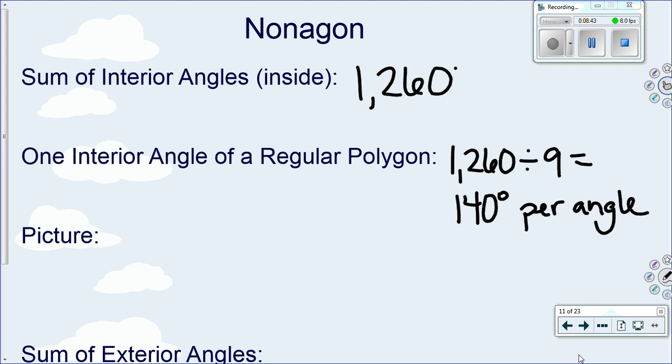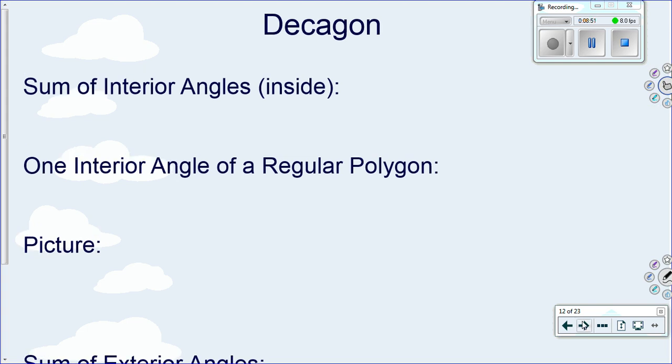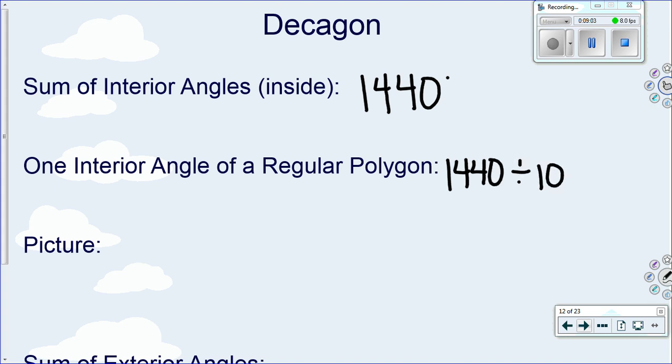If you would like to, be my guest. You can Google it if you'd like. We're going to move on to our last polygon, which is a decagon. There are a total of 1,440 degrees with all the interior angles added up together. If I take that number and divide it by how many angles I have, which is 10, I get 144 degrees per angle.